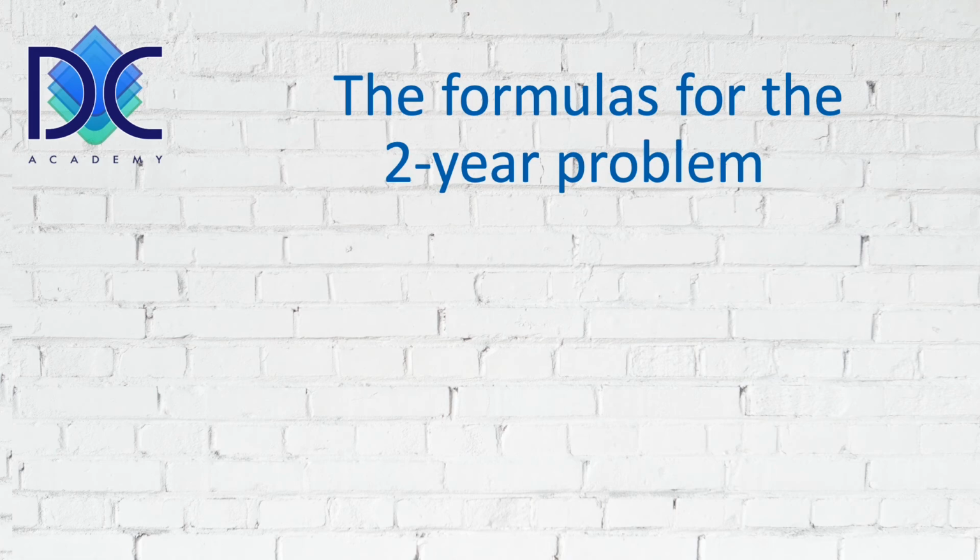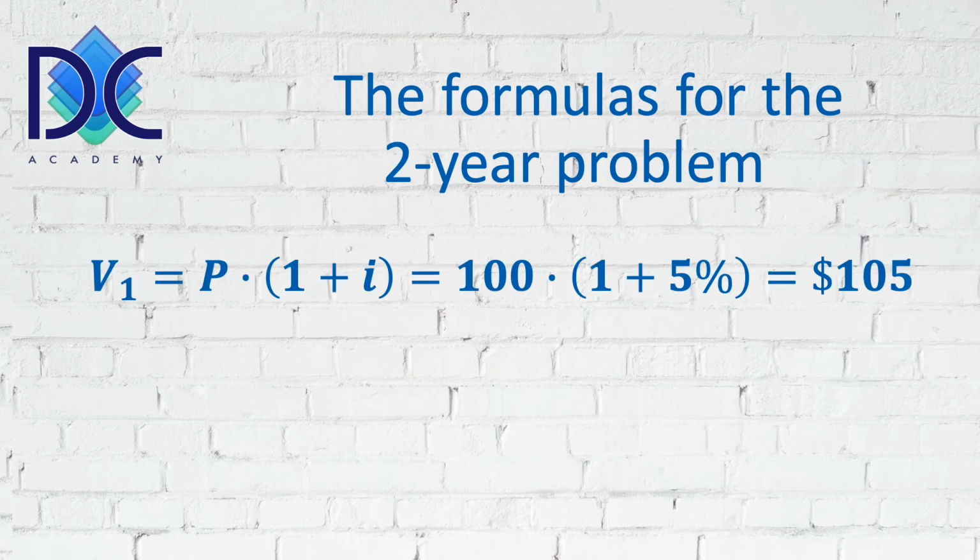When you look at the formulas of the 2-year problem, we had the initial amount that we put there, the $100, which I call the principal. Then we have the interest. It's the 1 plus 5% is 1.05. And we multiply the $100 with that interest, and it gives you $105.